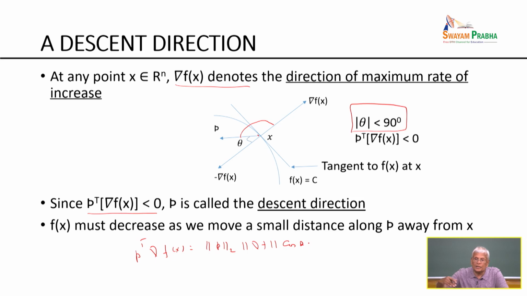If theta is greater than 90 degrees, cosine is negative. Therefore, the inner product of P transpose with the gradient of f of x is less than 0.